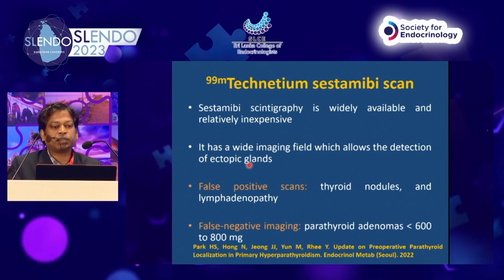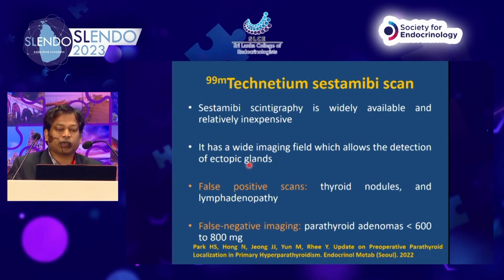The sestamibi scan, similar to ultrasound, is widely available and relatively inexpensive, and it has a wide imaging field which allows the detection of a few ectopic glands which are missed in ultrasound. But the problem, similar to ultrasound, is that there can be false positives when there are additional thyroid nodules or lymphadenopathy in a patient with primary hyperparathyroidism.